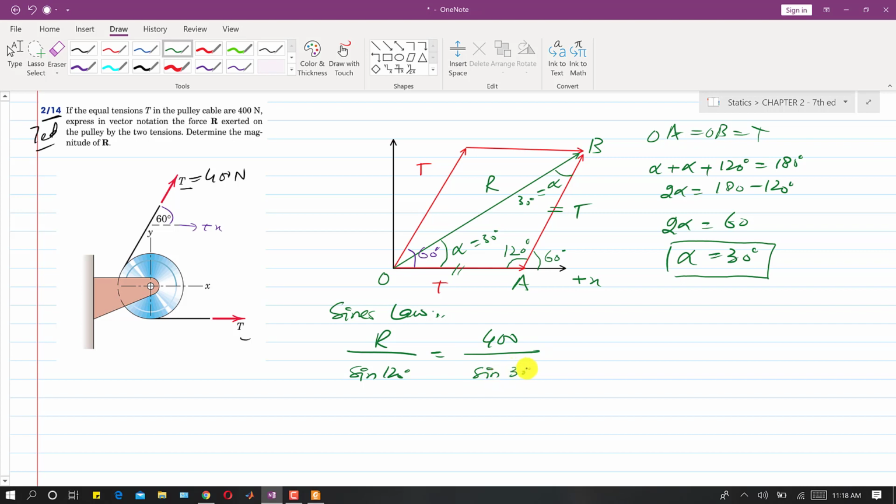So alpha is 30 degrees. We can use this T as well and this T as well. So both are equal and the angles are also equal, right? So then R equals 400 into sine of 120 degrees divided by sine of 30. So the magnitude comes out to be 693 newtons, right?